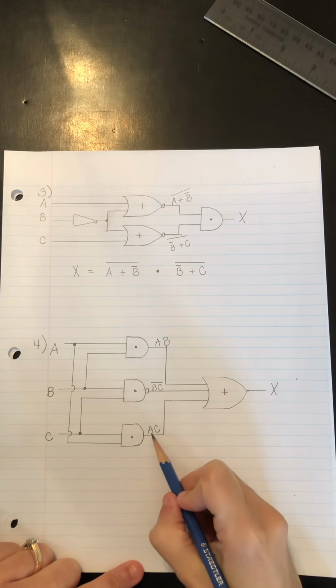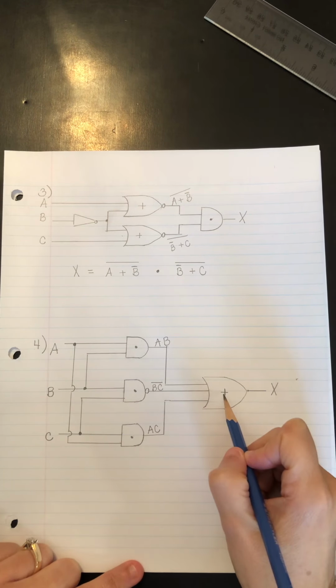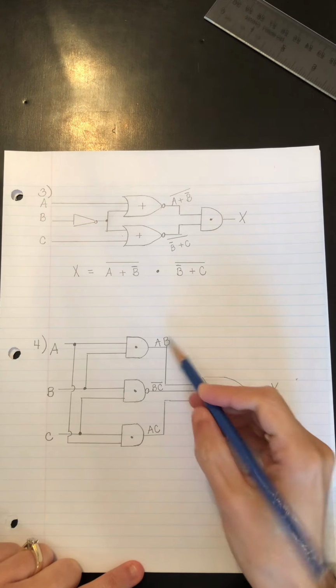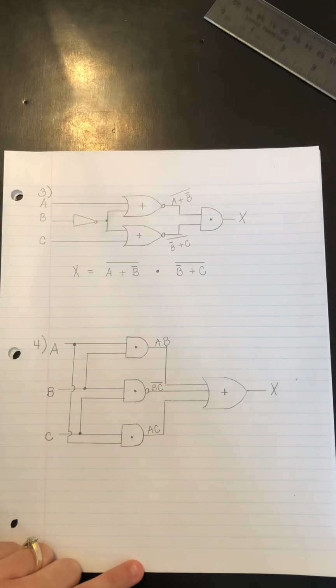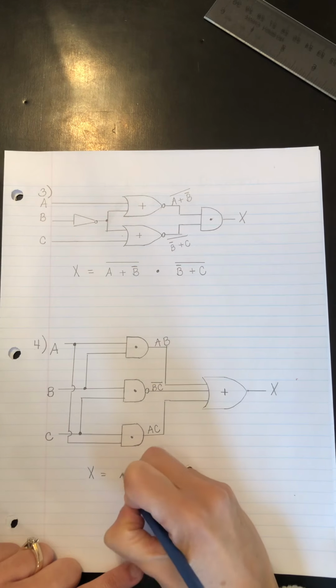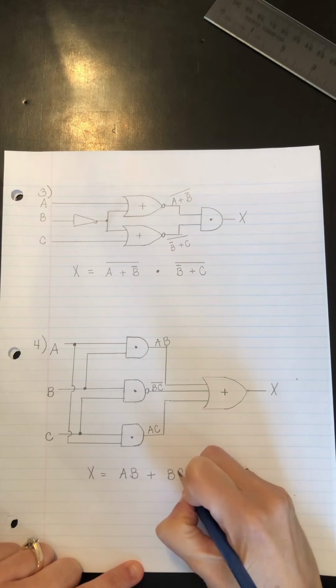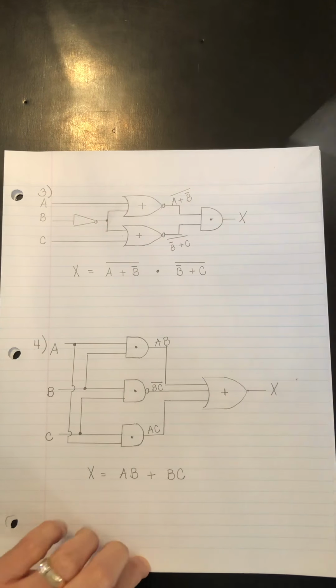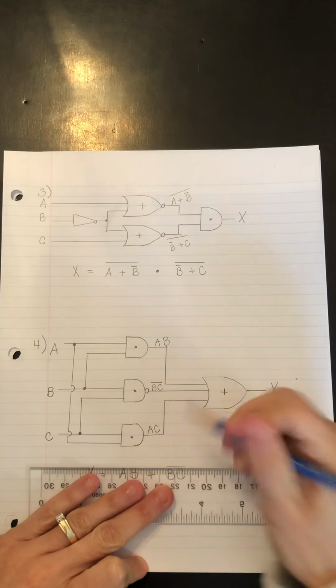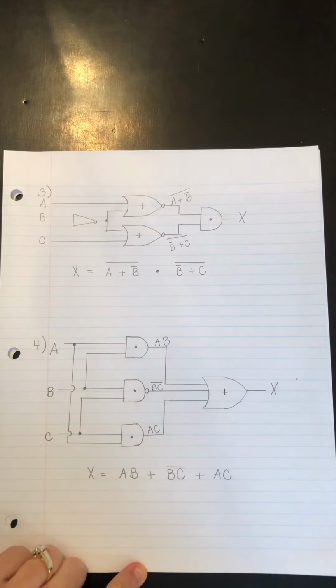So this is A times C or C times A. And then those things are added together. Okay, so the three items are then added. So we need two addition signs to write the expression. So we have AB plus BC, all inverted, plus AC. And that's the fourth one.